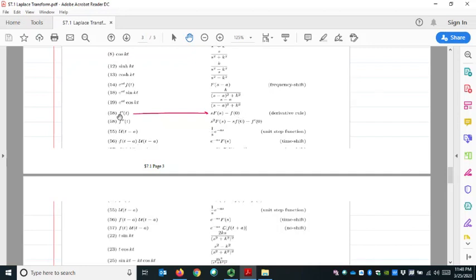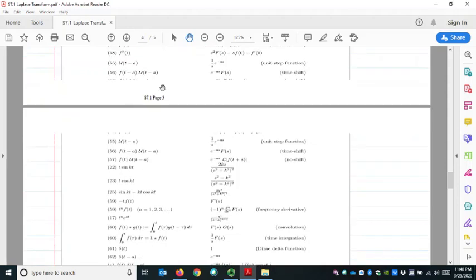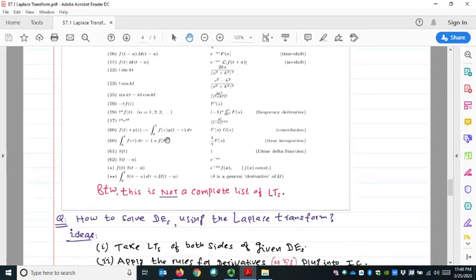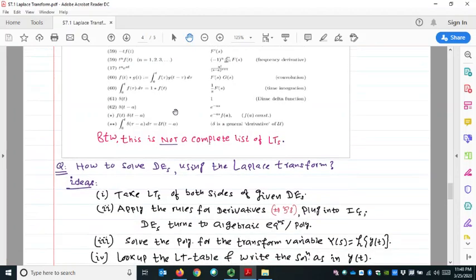If you replace this little f prime by little y prime t, then the Laplace transform of little y prime t is s times capital Y of s minus y(0). Great. Similarly, we have the Laplace transform of step functions, Laplace transform of convolutions, Laplace transform of Dirac delta functions, and so on.